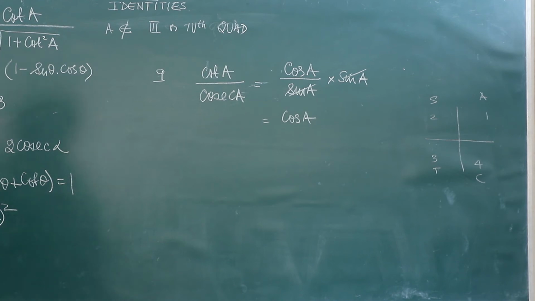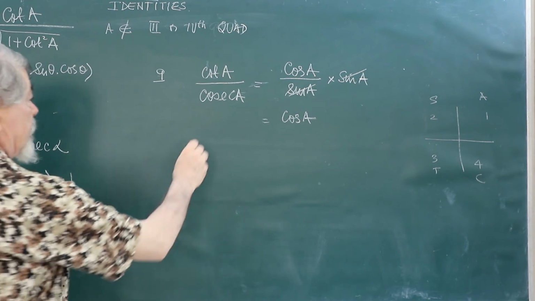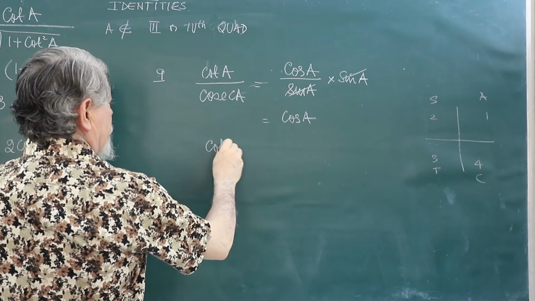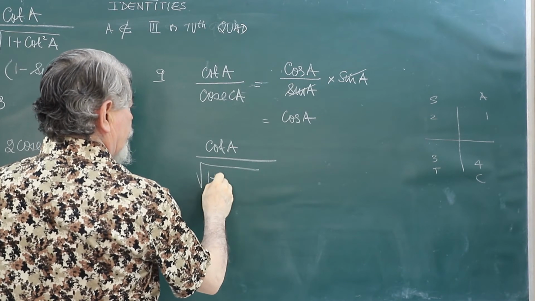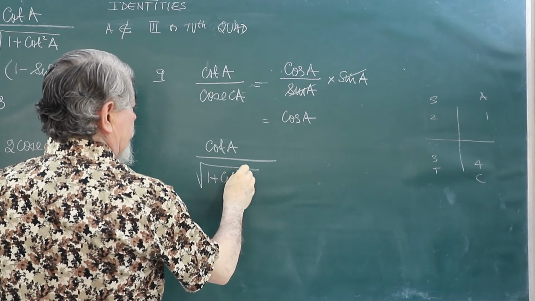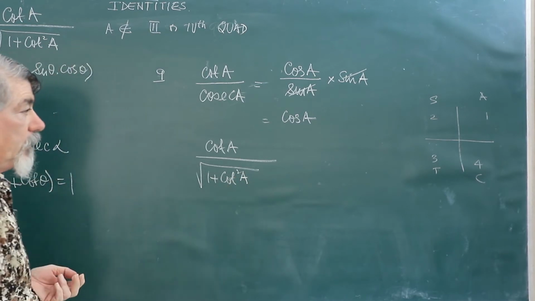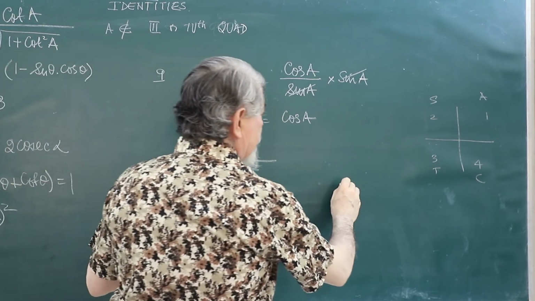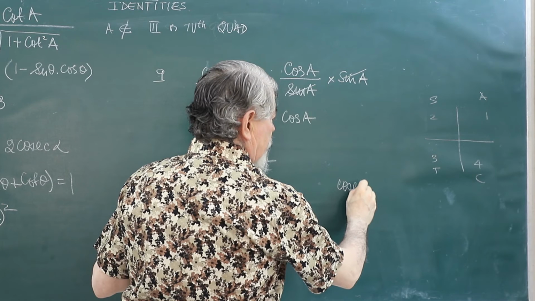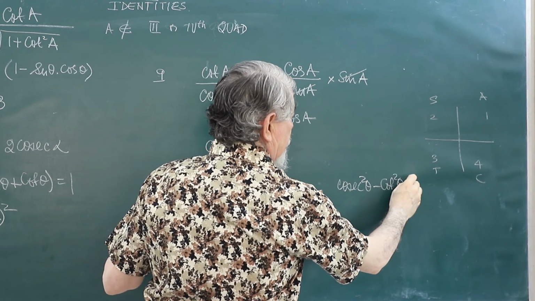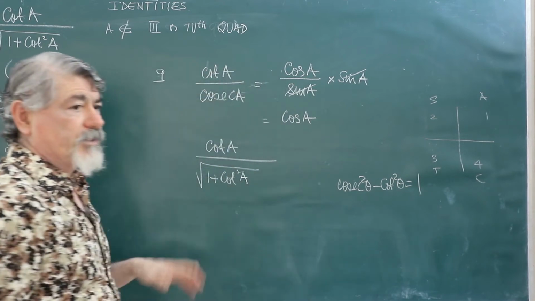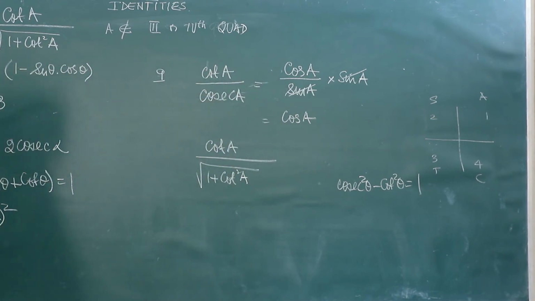The next is cot A upon root of 1 plus cot square A. We know cosec square theta minus cot square theta is equal to 1.